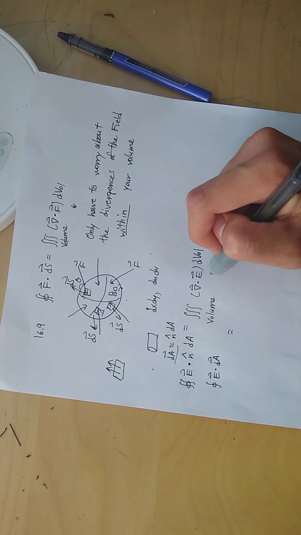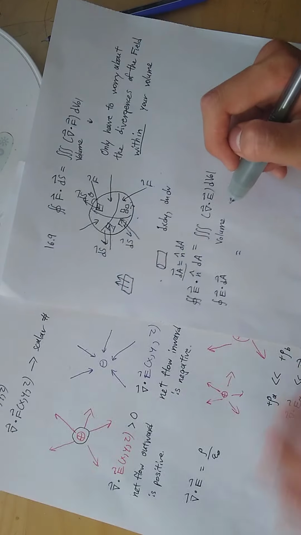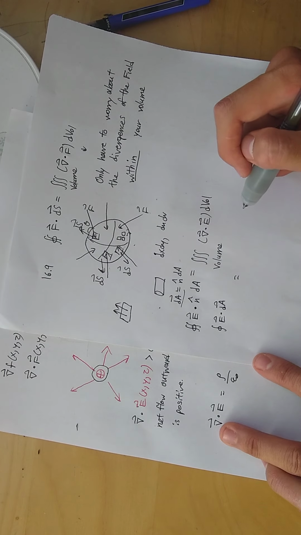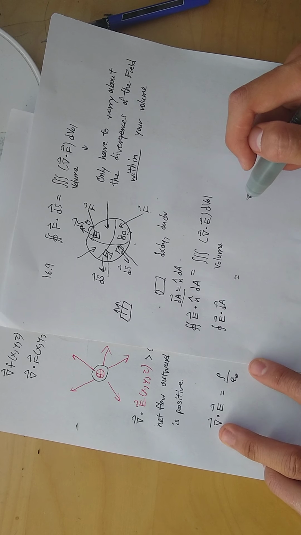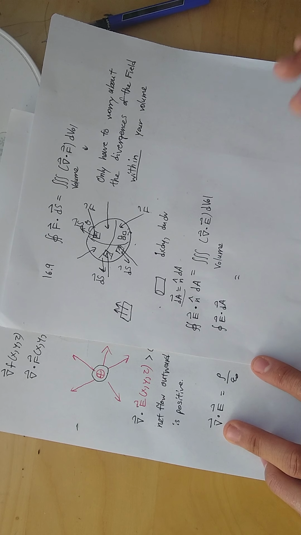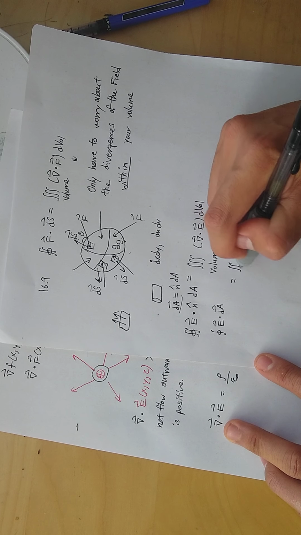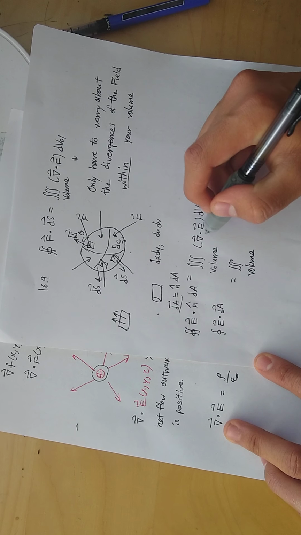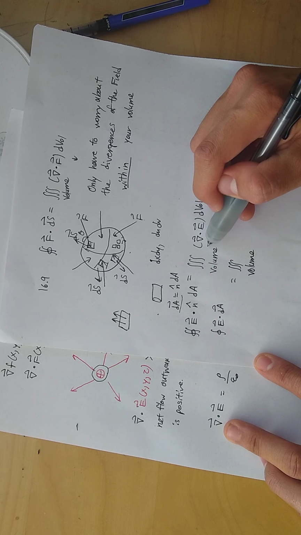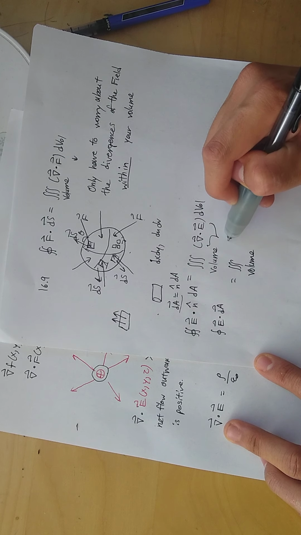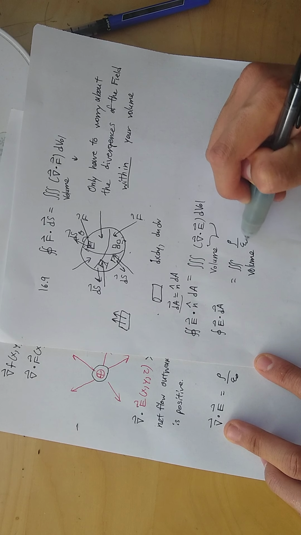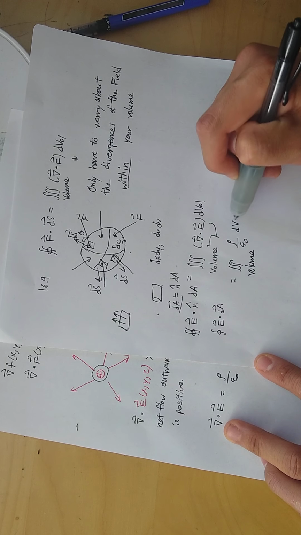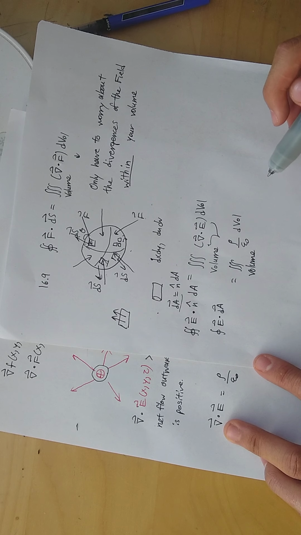But when you take the divergence of the electrical field, recall that this equation in differential form describes the behavior of the electrical field. That means we can simplify this whole expression to integrating the charge density rho over the volume.